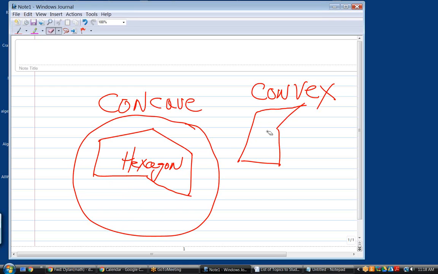You may never run into a convex shape. And if you do, it might look something like this, or maybe even like this. And you're going to be able to separate it into 2 triangles.